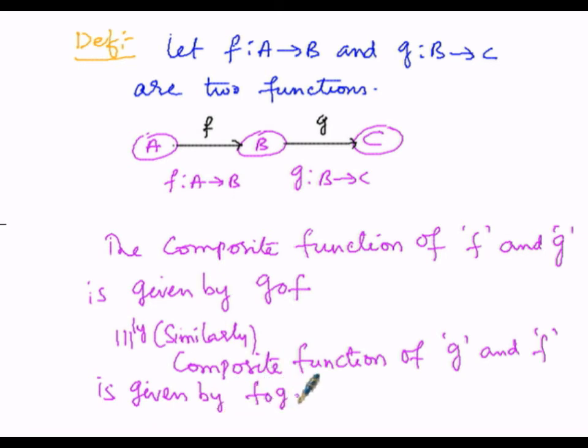In order to find g of f, we have to take first f then g. In order to find the composite function f of g, we have to first consider g then later f.